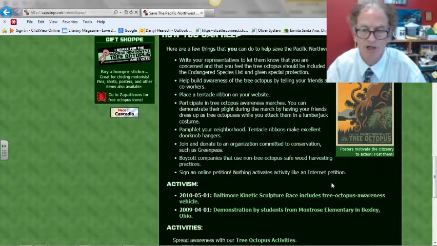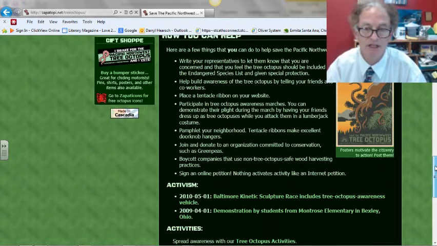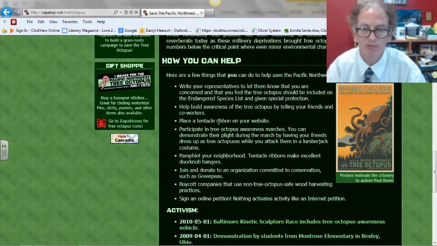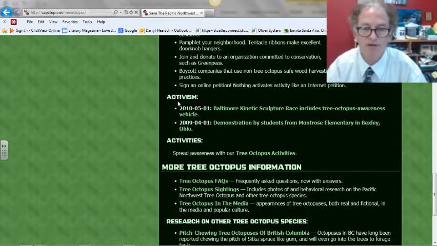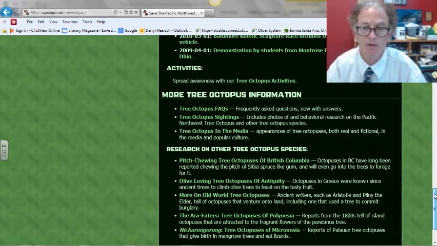Okay, sign a petition about this animal being extinct. Put a tentacle ribbon on your website. Tell people about it. Okay, these are various things that are being done. A sculpture race seems a bit strange. There's tree octopus activity.